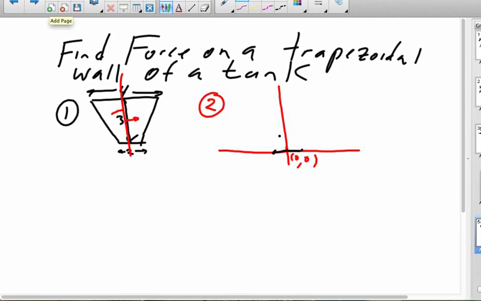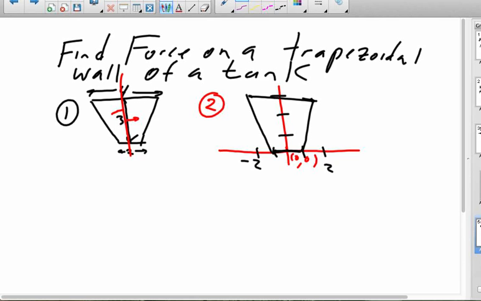Then I go up 1, 2, 3. See, now I've got a coordinate system. And then I go over 1 more. So here's 1, this is -2, here's 2, and there we go.